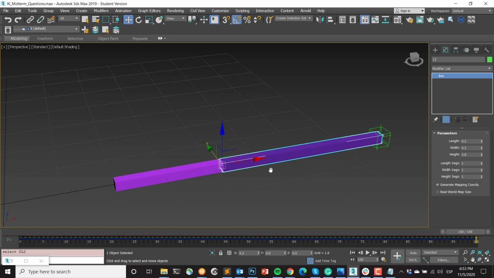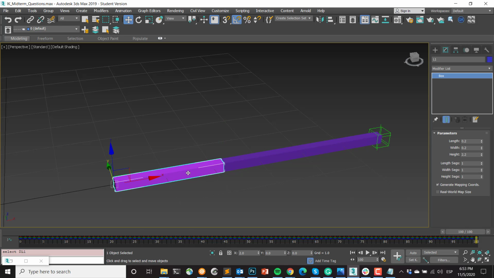But if you were thinking that L2 has a parent, which is L1, and you're computing not a transformation matrix in world coordinates, but a transformation matrix in local coordinates with respect to its parent, it means that because everything is a straight line, there is no rotation of L2 with respect to L1.